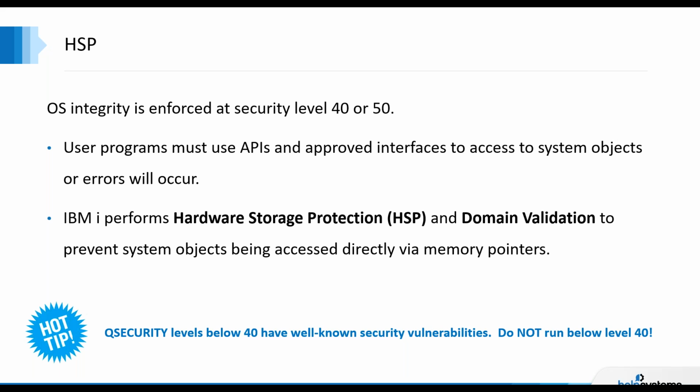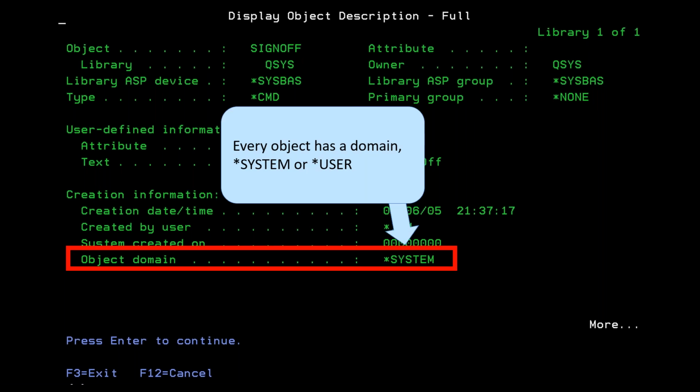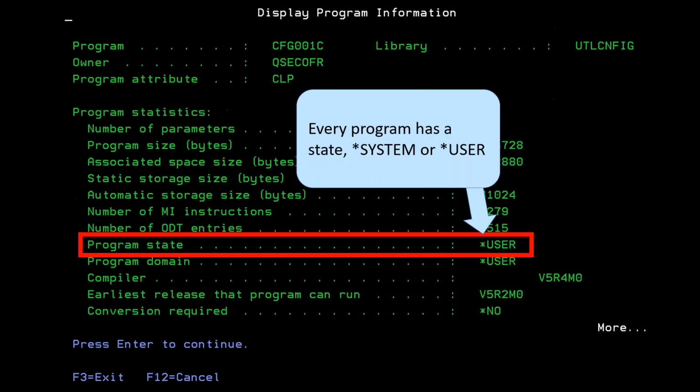Now, in addition to HSP, we also have domain validation, which means that the system is going to ensure that anything accessing memory pointers is done only through legitimate applications. Here we see an example of an object called signoff in library QSys. This is actually an object domain of star system, which is going to suggest that it lives as part of the protected part of the OS. When we look at CL programs, here's our trusty config program that we used earlier.